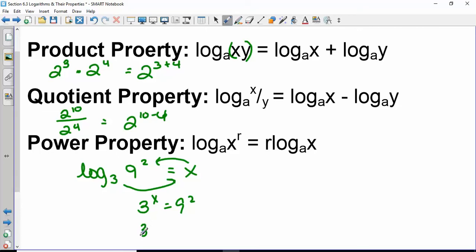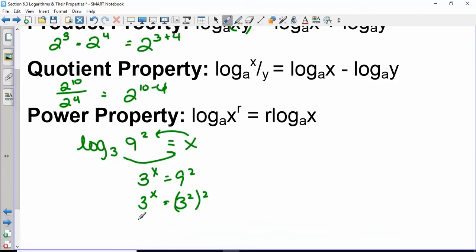So you would get a common base. 9 is 3 to the second. And so you end up with x equals 4.